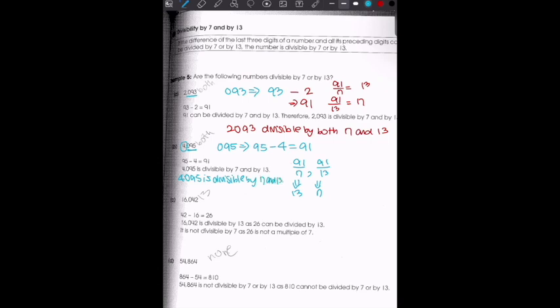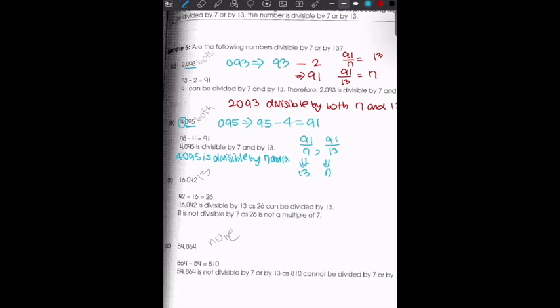Now we're going to take a look at 16,042. The last three digits are 042, which is just 42, and the preceding digits are going to be 16. So the difference between 42 and 16 is going to be 26. We're going to see if 26 is divisible by 7, and it's not divisible. So 26 is not divisible by 7.